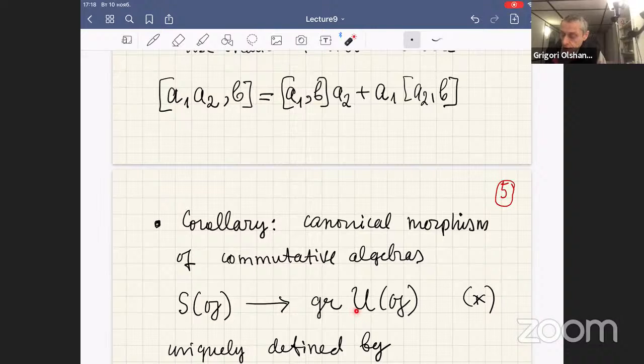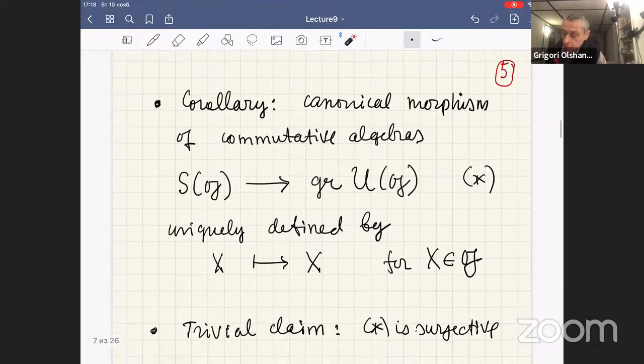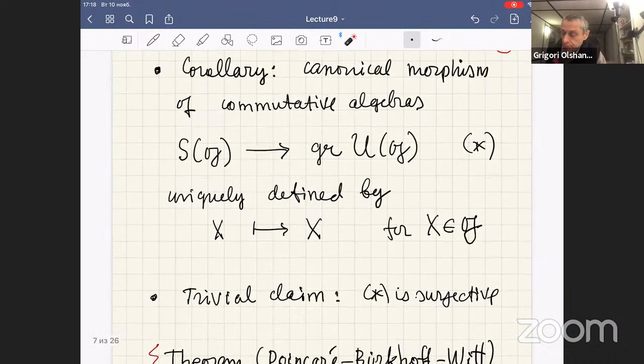Comparing these two definitions, we see that we have a canonical morphism from this to this one, which is just defined by the fact that elements of the Lie algebra are mapped to themselves. So this is absolutely trivial. But what is non-trivial? The trivial claim is that this map is surjective.